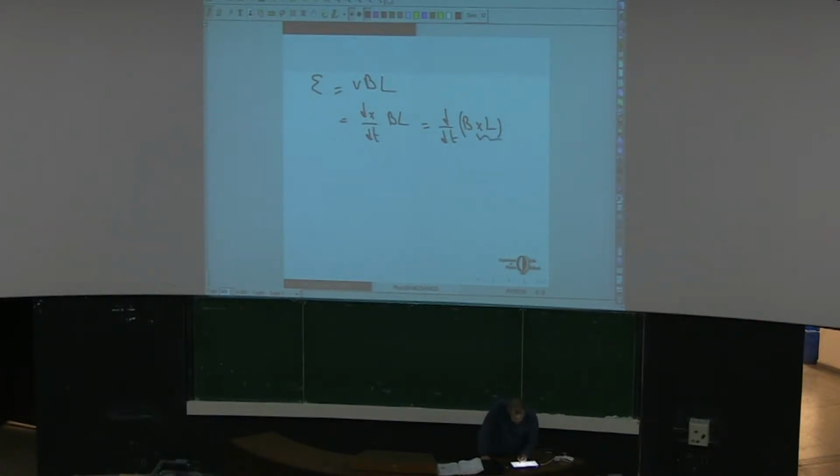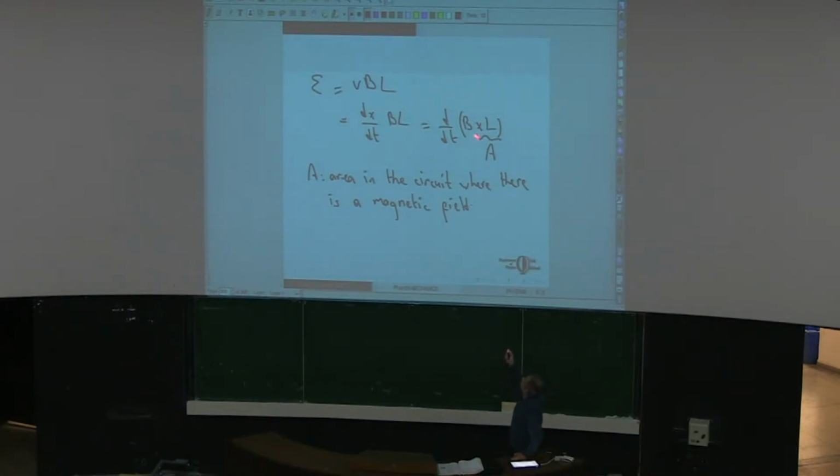Now x times L is nothing but the area A. A is the area in the circuit where there is a magnetic field. This is the area where there is a magnetic field.